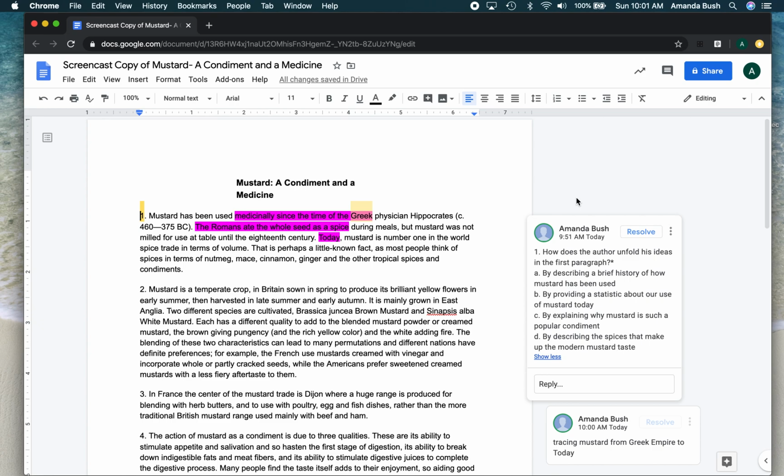Thinking back to this, in order to answer this question and find that A was the correct answer, I needed to do a few things.